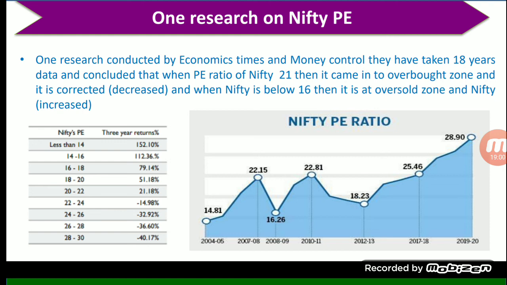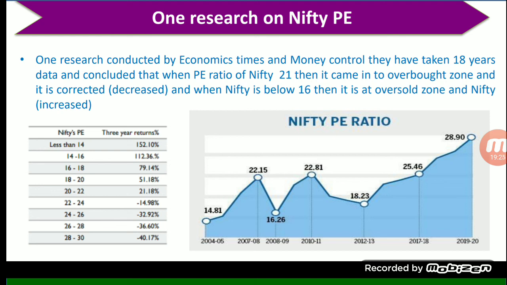They took 18 years of data and concluded that when the P/E ratio of Nifty is 21, it came into the overbought zone and it corrected. The price of Nifty decreased, and when Nifty is below 16, it is in the oversold zone and Nifty increased.